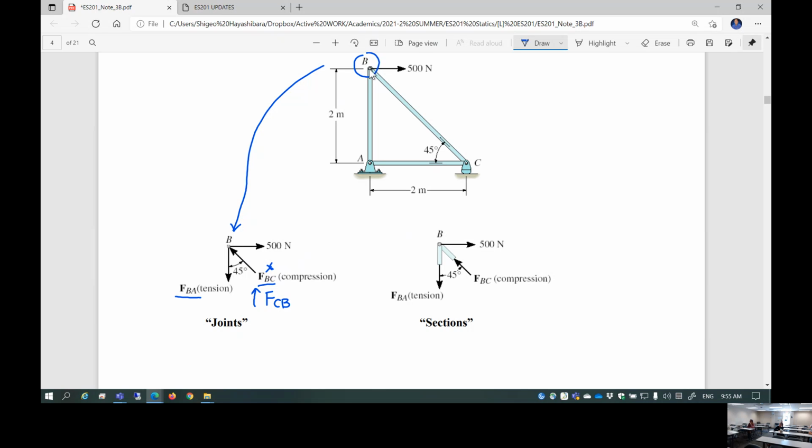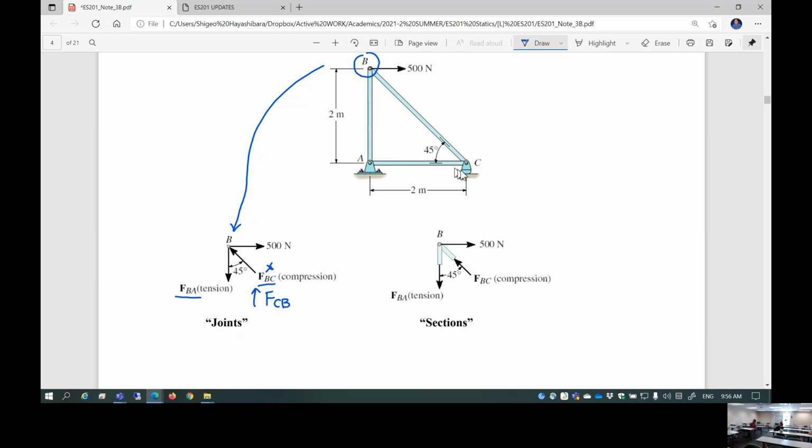If it's tension, it's from B to A. So this notation actually indicates if it's compression or tension. Yeah, but can it be just the opposite, like BC would be tension, and then BA would be compression? If you apply force this way, yes. If you apply 500 Newton the other way. Oh, because it has to balance it. That's right, yeah. You can do that.